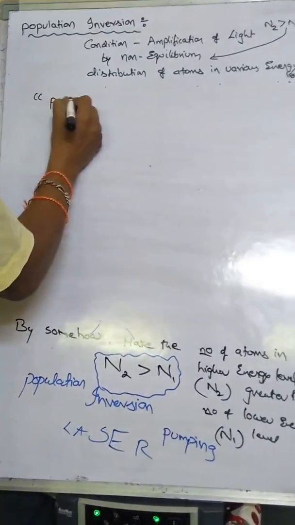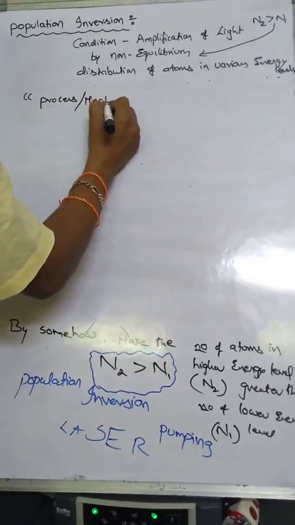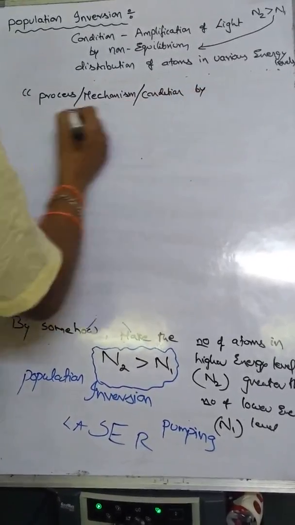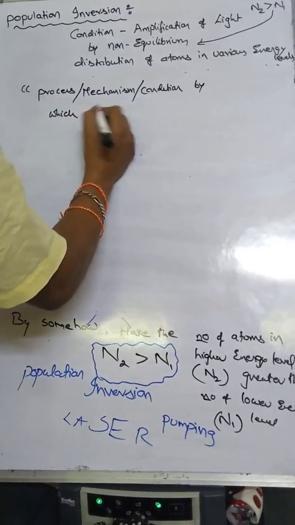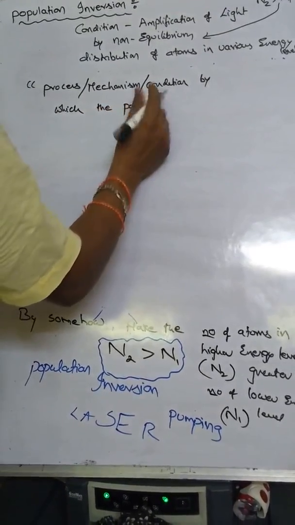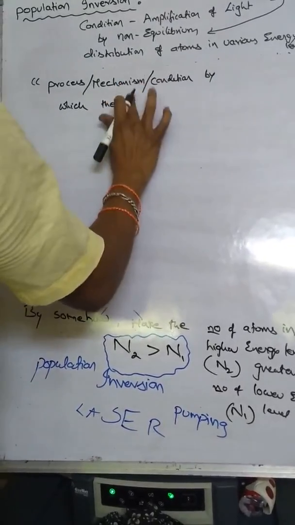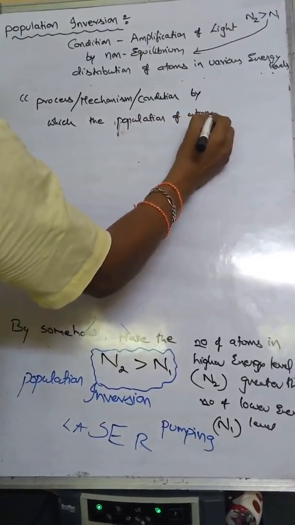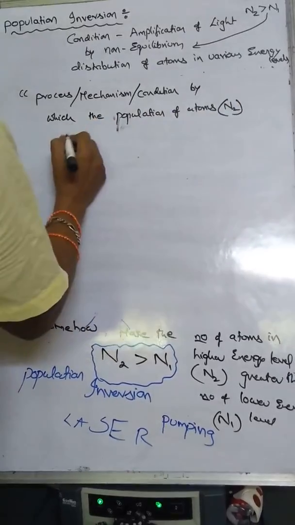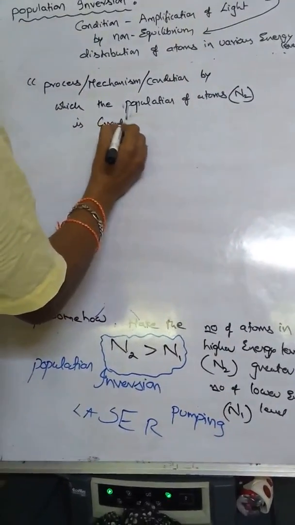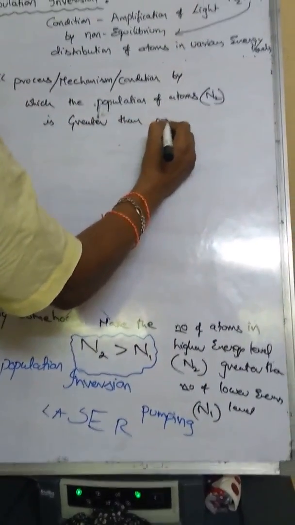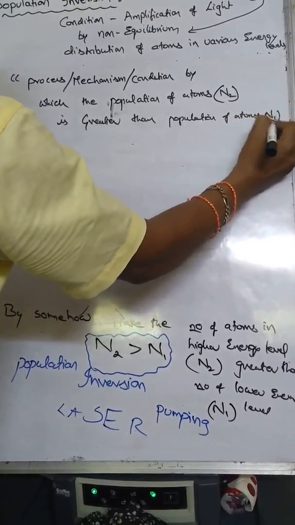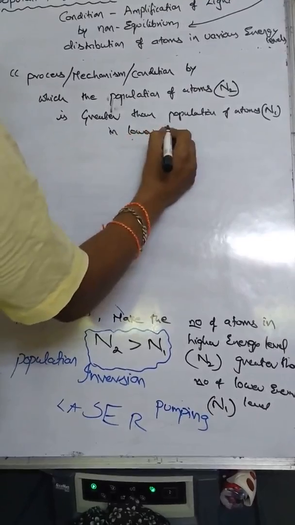It is a process, or a mechanism, or a condition by which the population of atoms, that is N2, is greater than the population of atoms, that is N1, in a lower energy level.